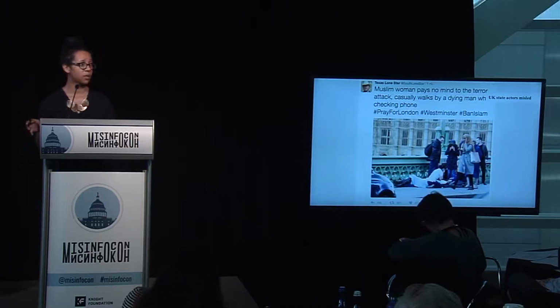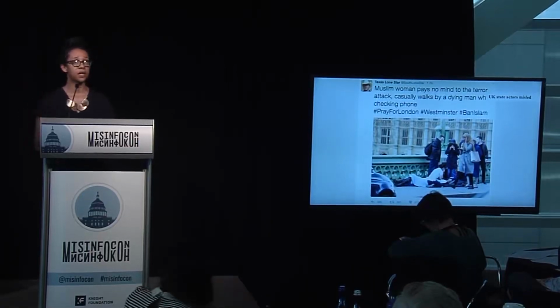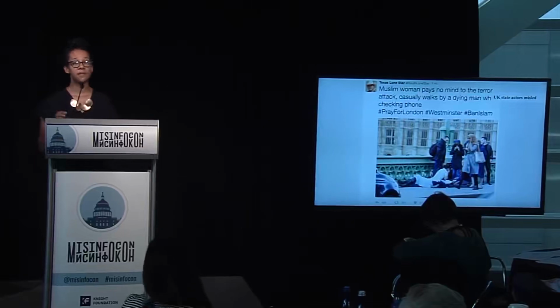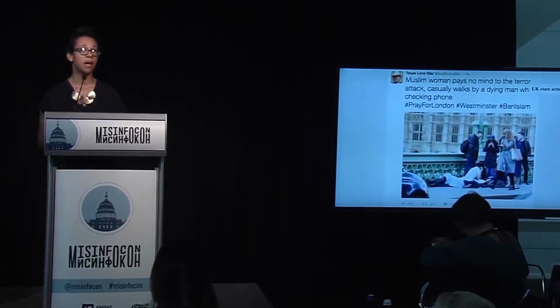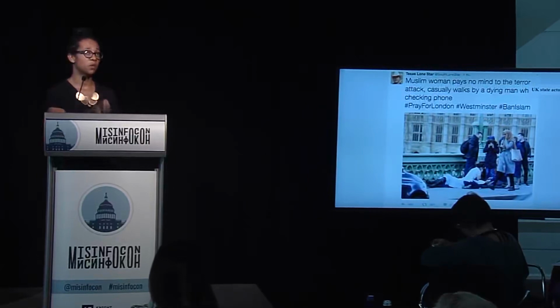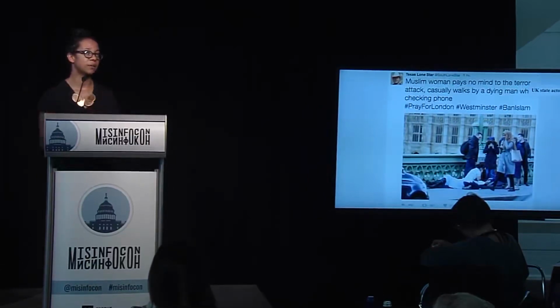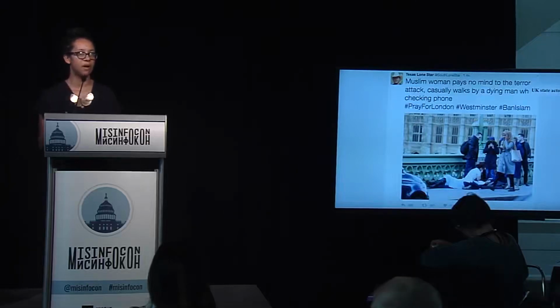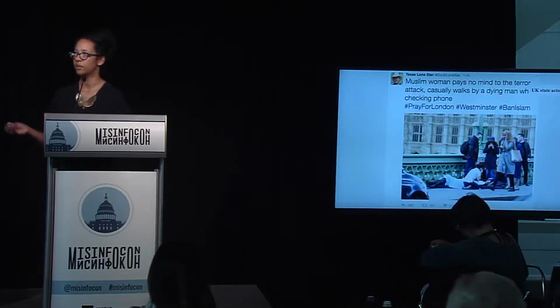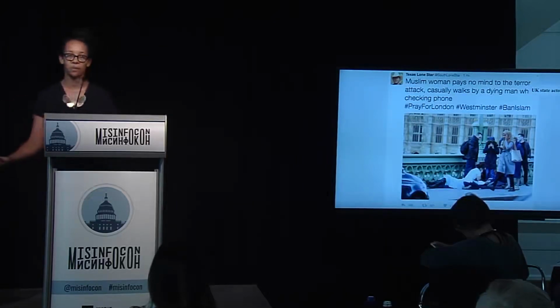UK researchers had a look at this as well and identified Texas Lone Star as an account that was linked to the IRA, and this image was one of this account's big triumphs, because this went viral and it was picked up in over 80 mainstream newspaper articles. So what we have here is a very successful disinformation campaign that was picked up by the mainstream media and legitimized by the mainstream media.